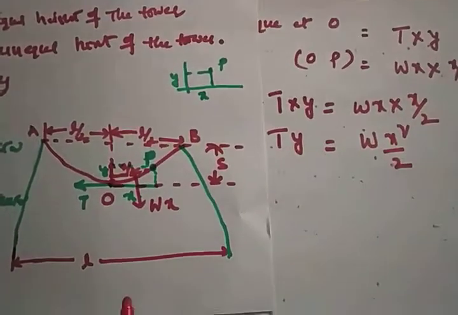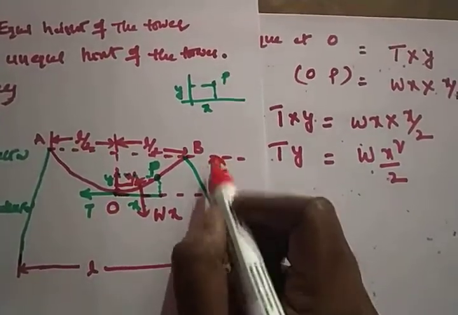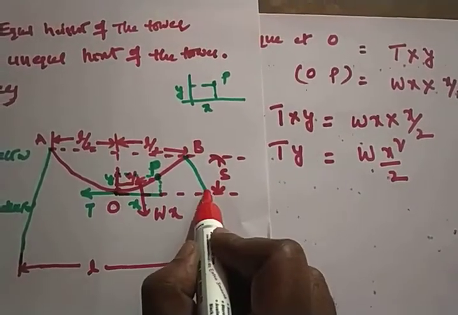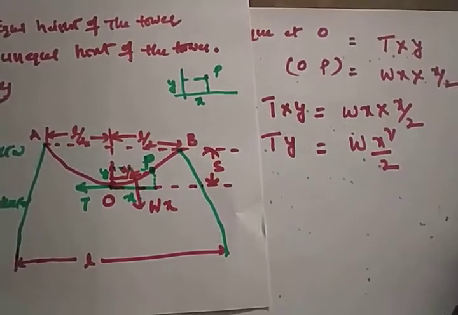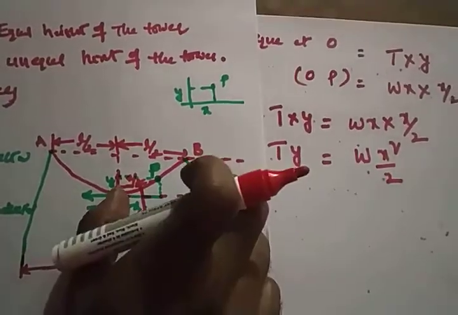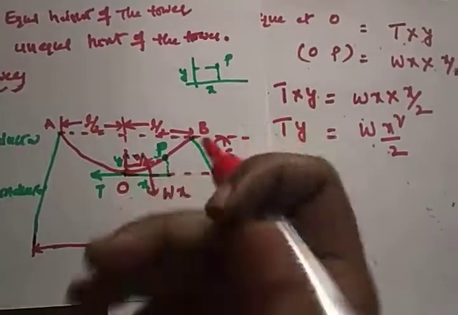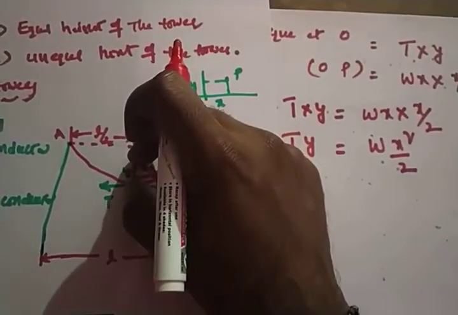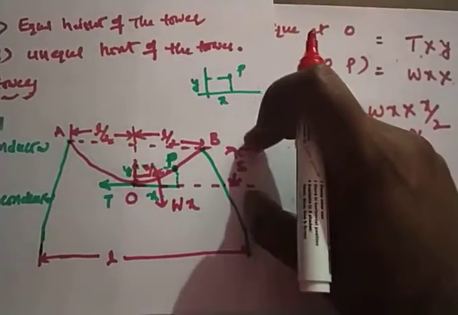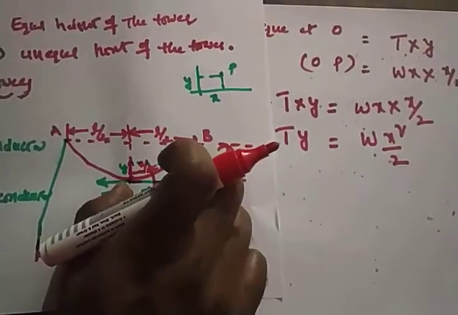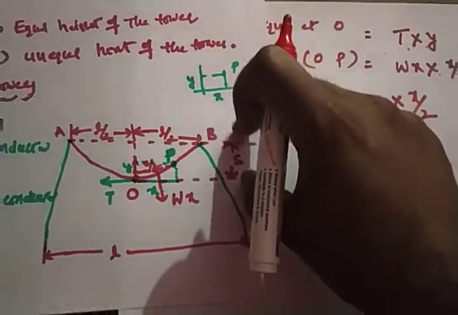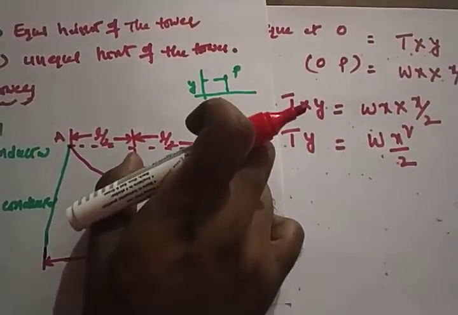So what about x? If it is a sag, x will be expanded like this. So x is nothing but L by 2. This point we can call x. If you increase this, this point will be equal. So x is equal to L by 2.